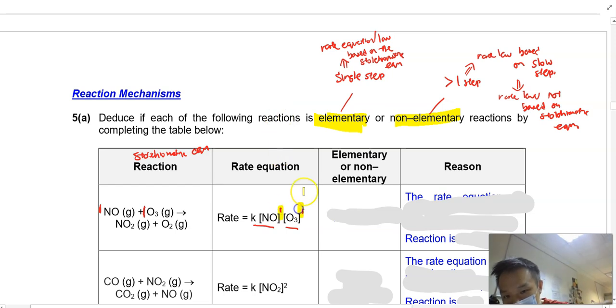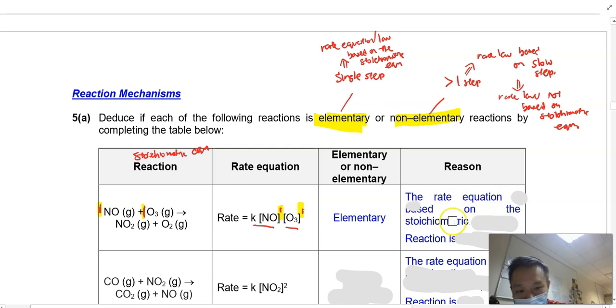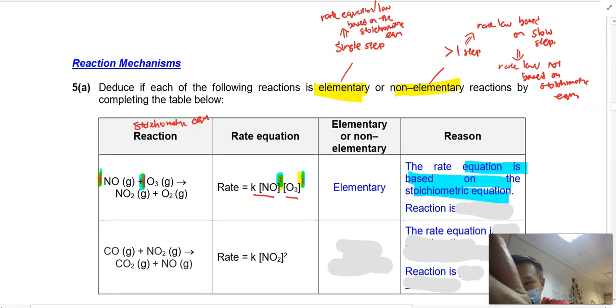The order of reaction in the rate equation matches the stoichiometric coefficient, so the rate equation is based on the stoichiometric equation, and therefore this reaction is elementary. Again, the reasoning is relating the order of reaction to the stoichiometric coefficient of the overall equation.